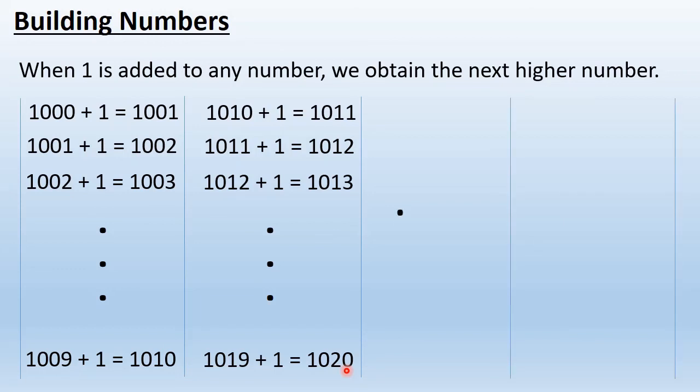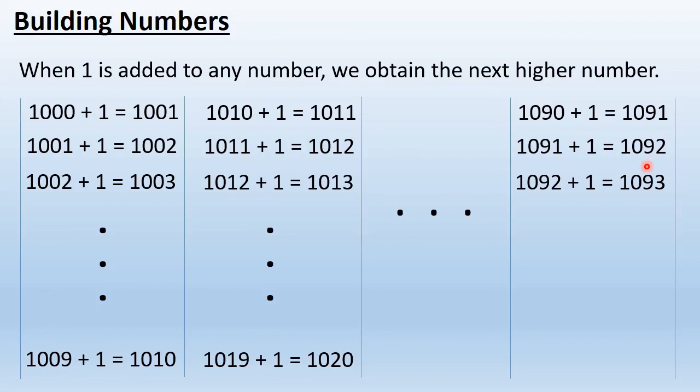If you go on adding the numbers like this, at some stage we get 1090 plus 1, which gives us 1091, and 1091 plus 1 is equal to 1092. 1092 plus 1 is equal to 1093, and so on.